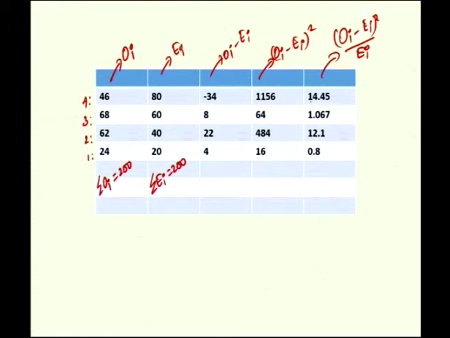So, this value 14.45 is arrived at by 1156 divided by 80, which is 14.45. The summation value of OI minus EI whole square by EI is equal to 28.417. So, we have calculated the chi-square value and come to the step 5 part.